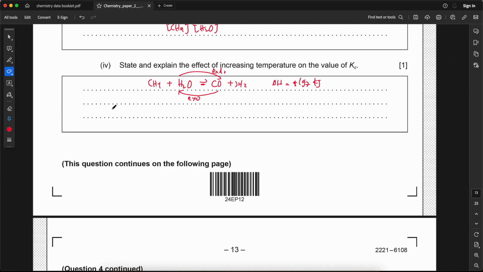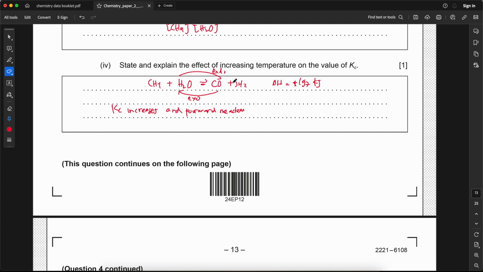So when temperature increases, the equilibrium will shift in the direction that takes in heat, which is endothermic, the forward reaction.